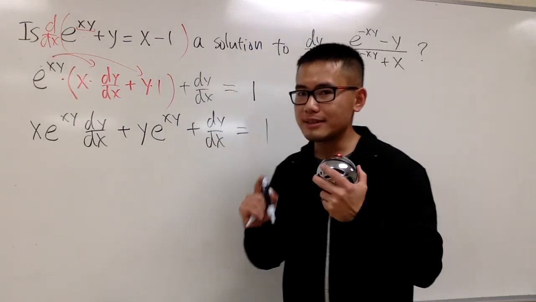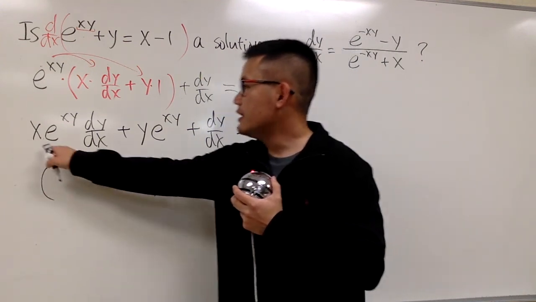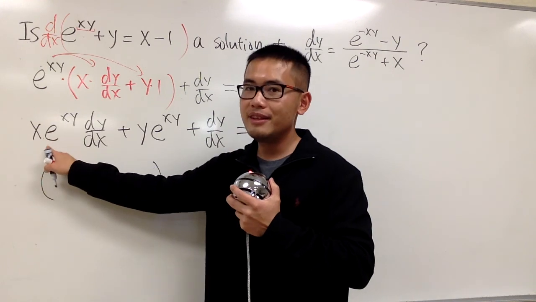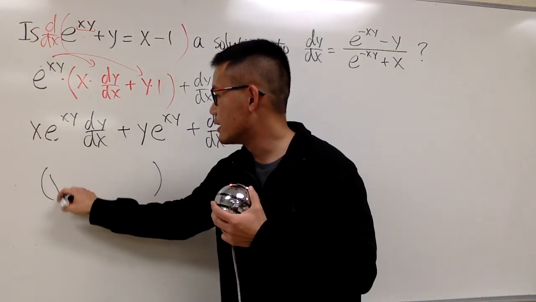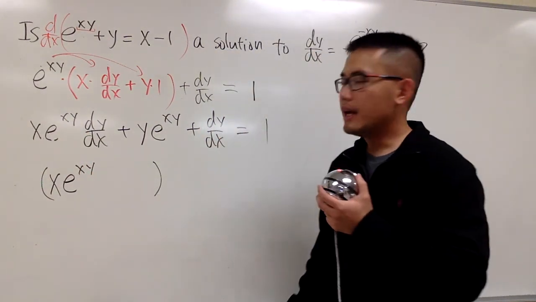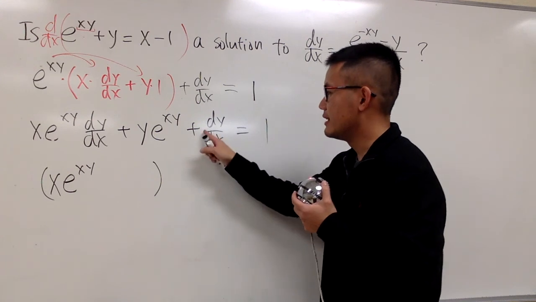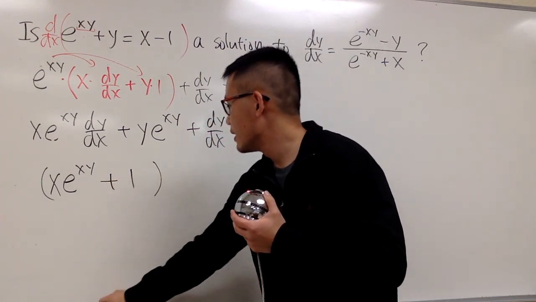So let's do this carefully. I will open a parentheses. This right here has the dy/dx, and this is going to be the leftover after you factor this out, right? Let me put this down first: x e to the xy, and this also has the dy/dx, and this is technically a 1, so it's a plus 1, okay?